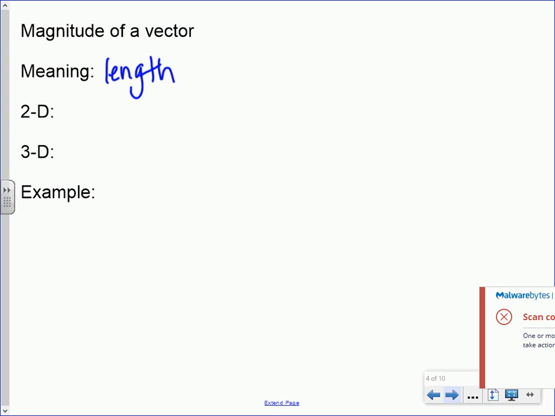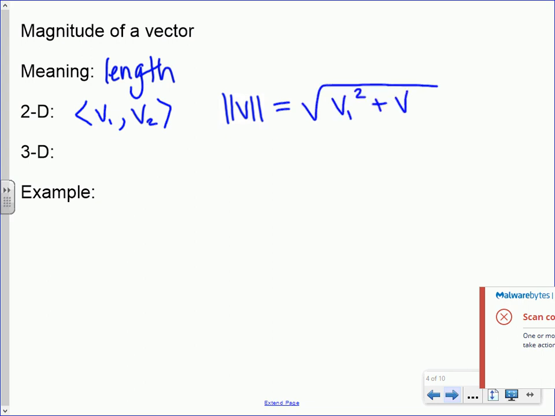So if you recall, if we had a vector, v1, v2, how did we find the magnitude? I'll remind you that that's the notation for magnitude. Okay, so it's the Pythagorean theorem. Okay. The square root of horizontal component squared plus vertical component squared.